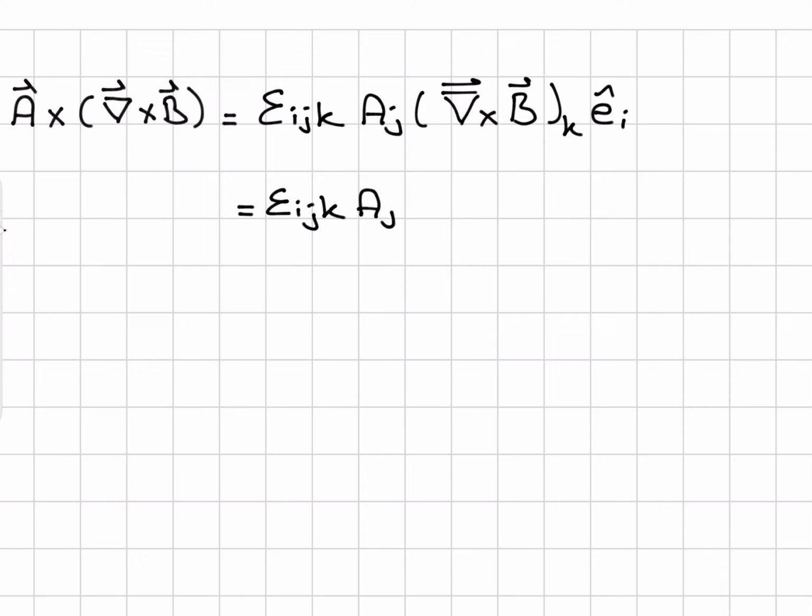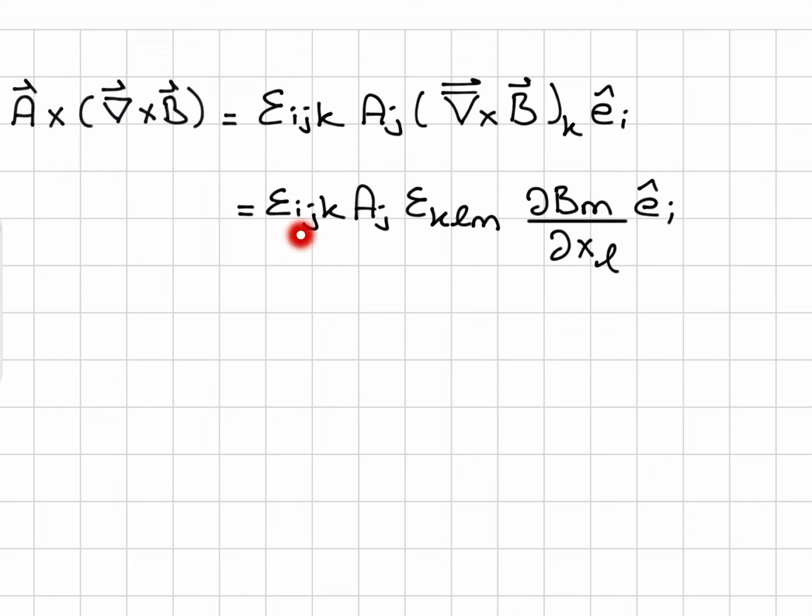How do I write the k component of curl B? It is epsilon klm del bm del xl. So the del operator L component and B vector M component in I hat direction.